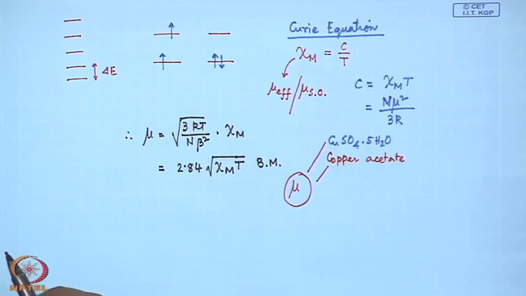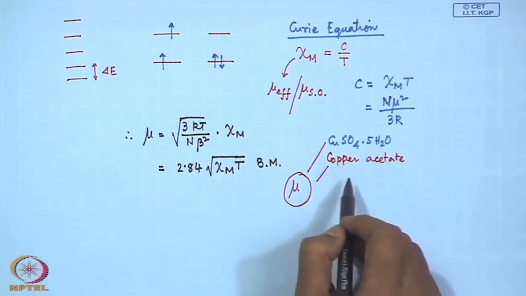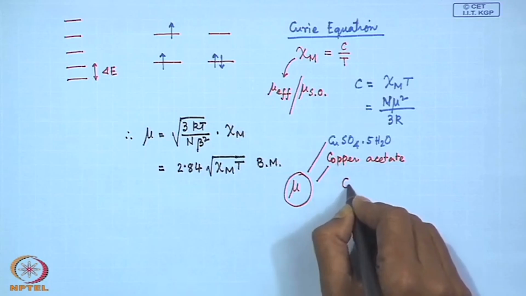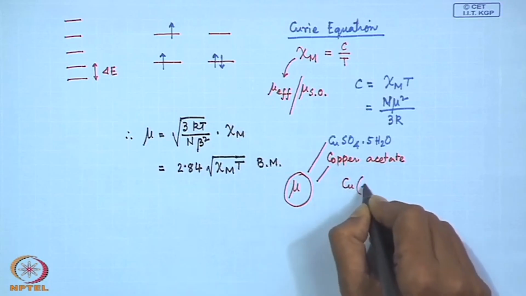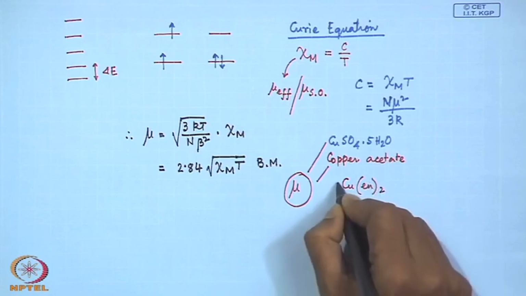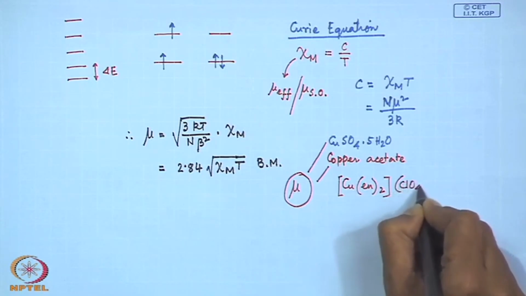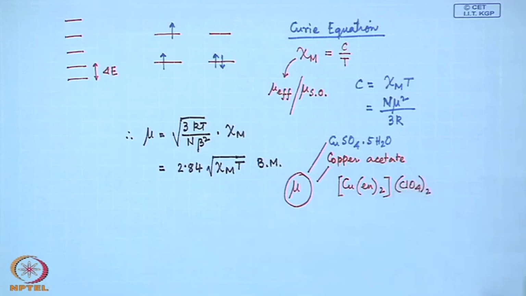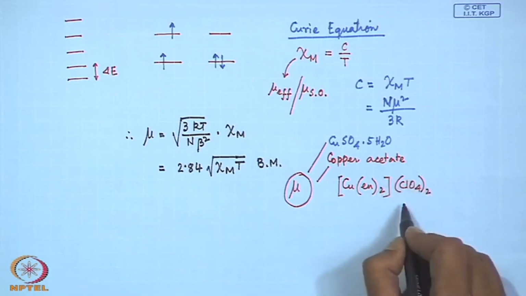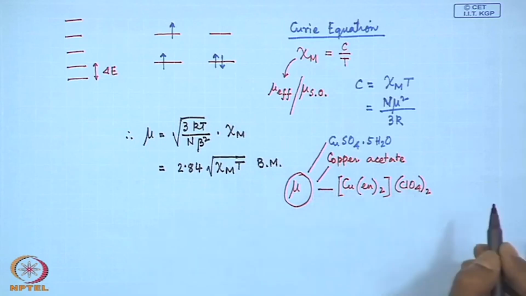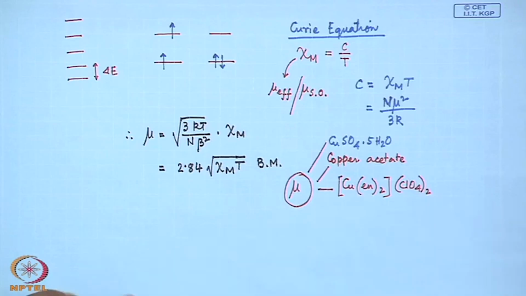So experimentally we can determine the corresponding magnetic moment of these compounds, and also if we get a coordination compound or coordination complex like this, it has several other components like diamagnetic parts which are coming from the perchlorate anion or the ethylene diamine backbone also. So we should have some diamagnetic correction also for this measurement that we'll see afterwards.